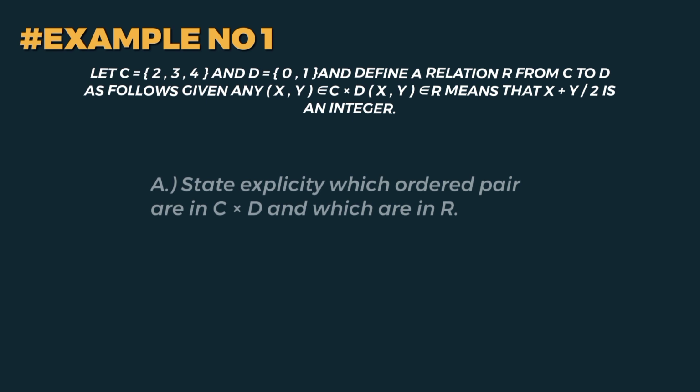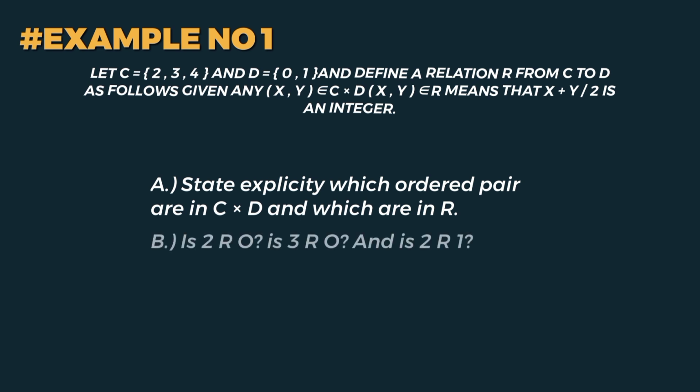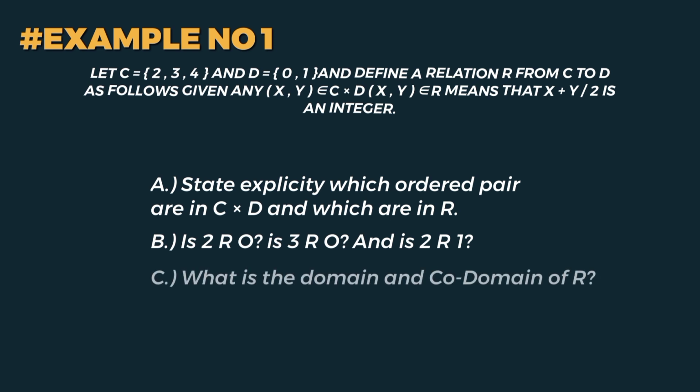A. State explicitly which ordered pairs are in C cross D and which are in R. B. Is 2 related to 0? Is 3 related to 0? And is 2 related to 1?